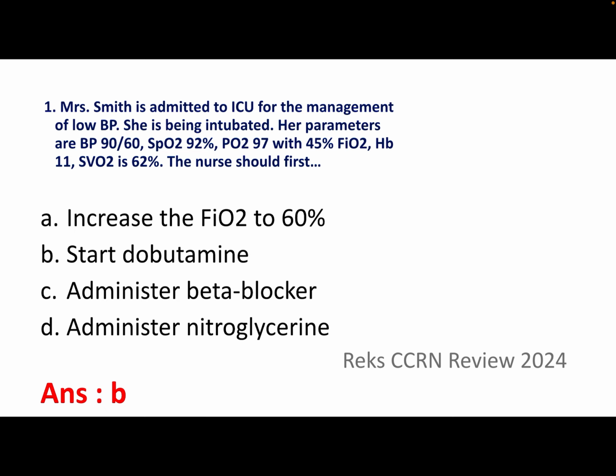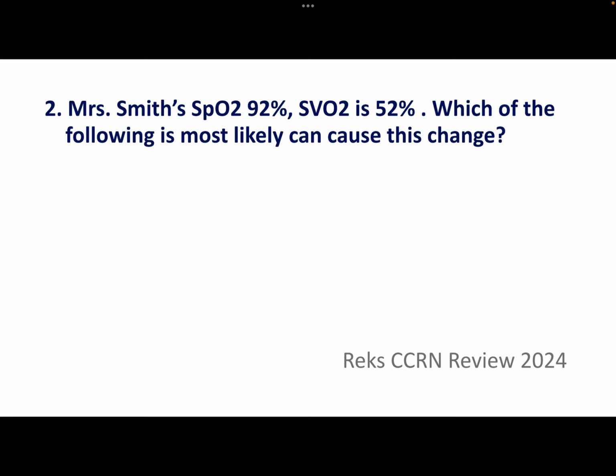We'll look at a few more questions, then we will go to the explanation. Question number 2. Mrs. Smith's saturation is 92%. SVO2 is 52%. Which of the following is most likely to cause this change? Option A. Hypothermia.